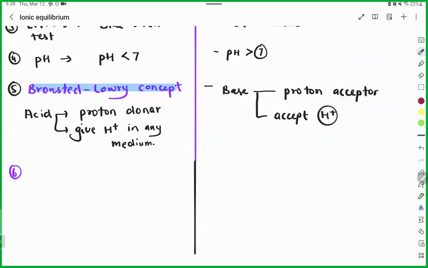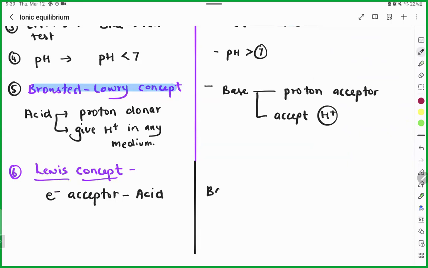Last is the Lewis concept. The Lewis concept says that an acid is a chemical that is an electron acceptor, and a base is an electron donor. Correct? So you have three concepts. First, Arrhenius: gives H positive ion, acid; gives OH negative ion, base.